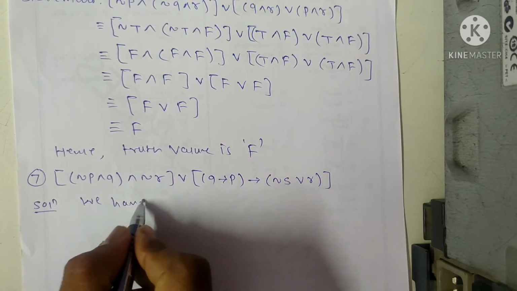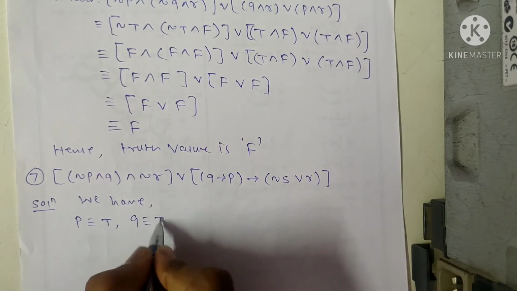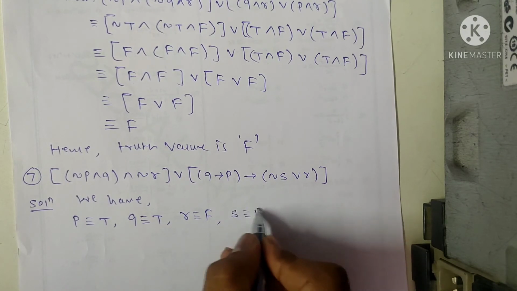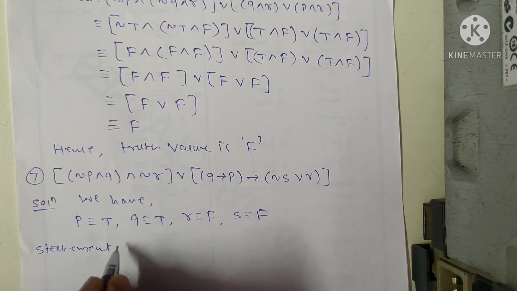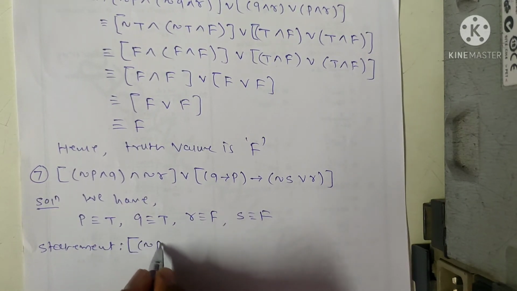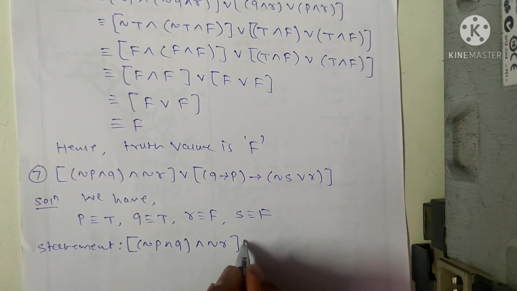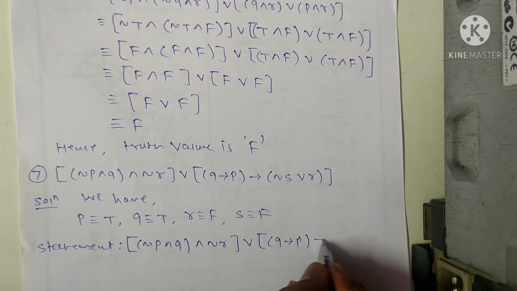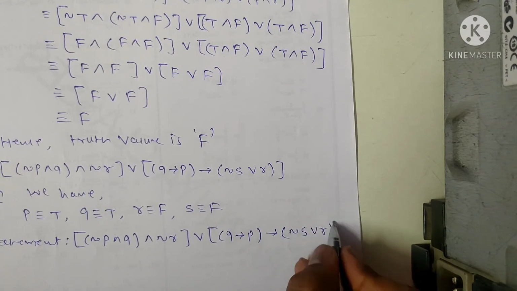We have P is T, Q is T, R is F, and S is also F. Now the statement is negation P and Q and negation R, or Q then P, then negation S or R.